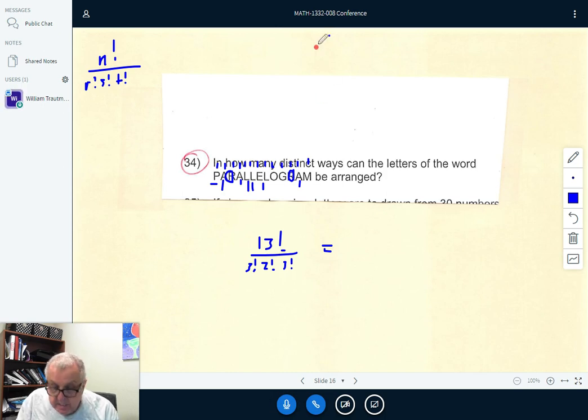So when I put this in my calculator, I get 864,864,000. There are 864 million different arrangements.